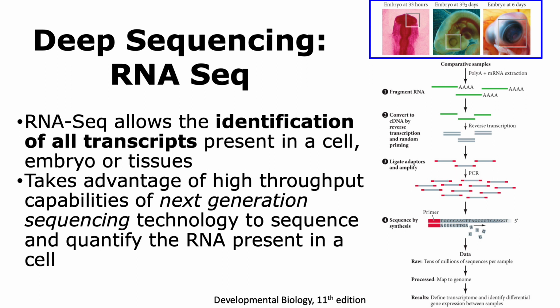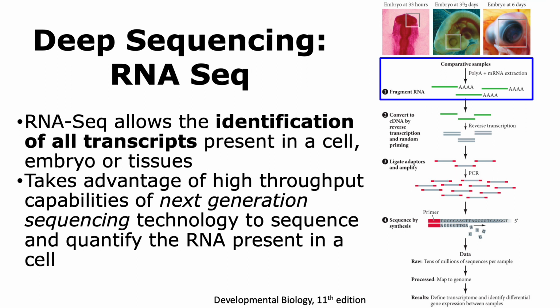An example of this technique is shown in the figure to the right, where let's say we want to compare the development of an embryo at 33 hours, 3.5 days, and 6 days. So we obtain cells from the same part of these embryos at the different time points.